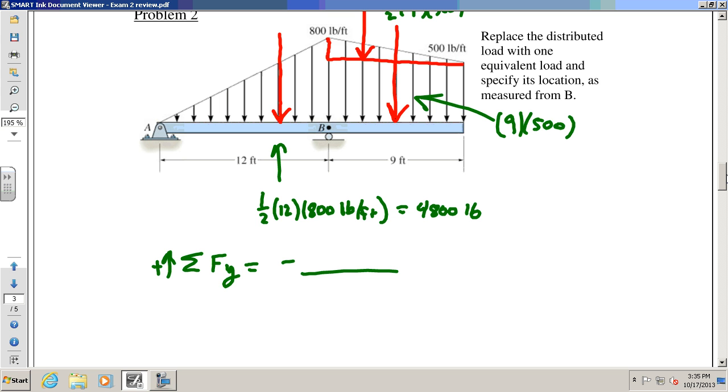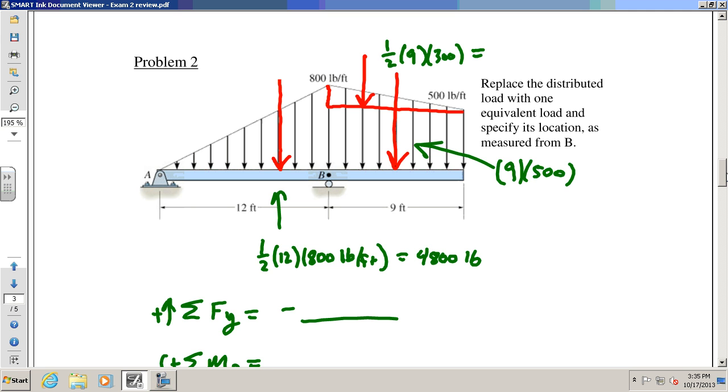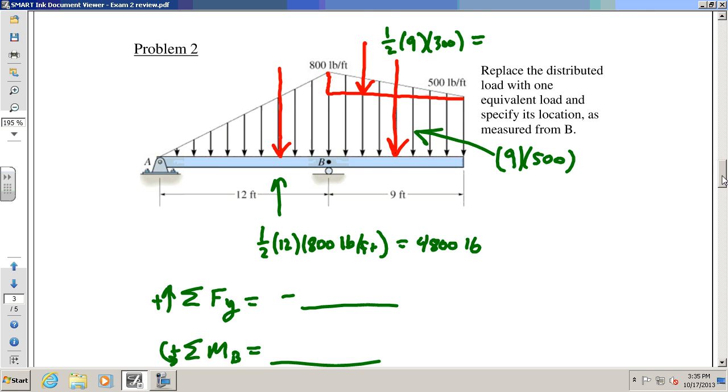Well, sum moments about B. When you have that one force, it'll equal the same moment about B that you have from the distributed load. So know how to do that. It's coming. Somewhere, in some shape or form, you're going to get a distributed load.